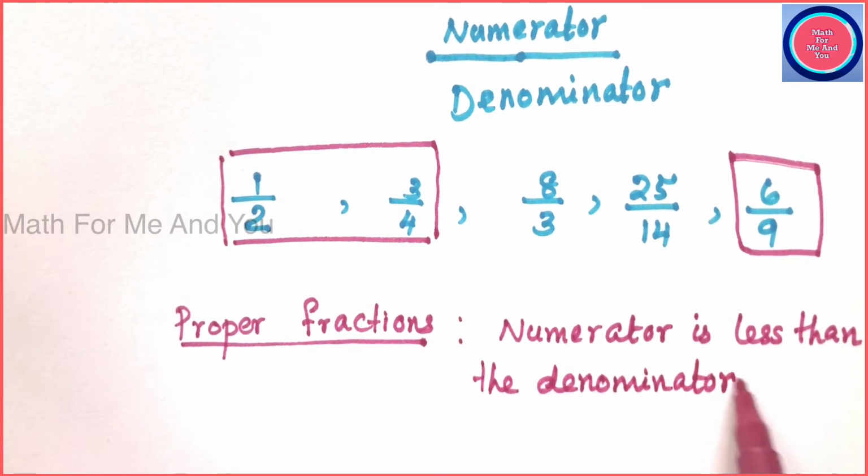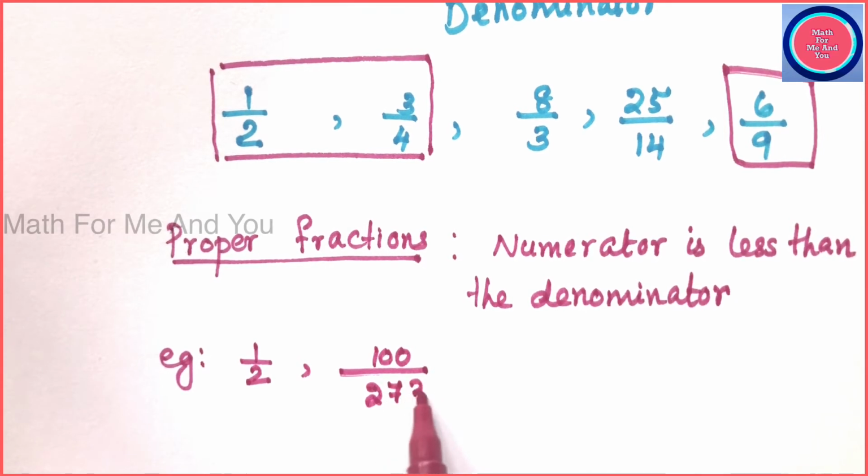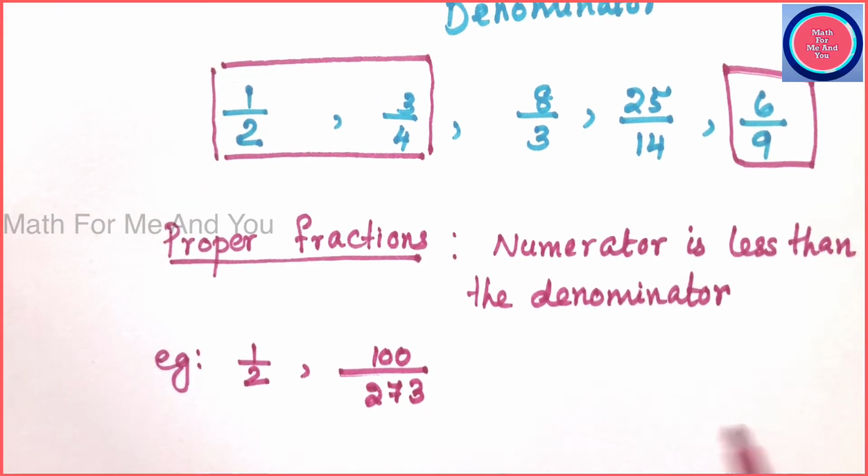You can see 1 is a small number compared to the denominator 2. And we can write many examples. Here 1 over 2, 3 over 4, because you can see the numerator is comparatively small and the denominator big. 100 over 273, like this type of numbers.